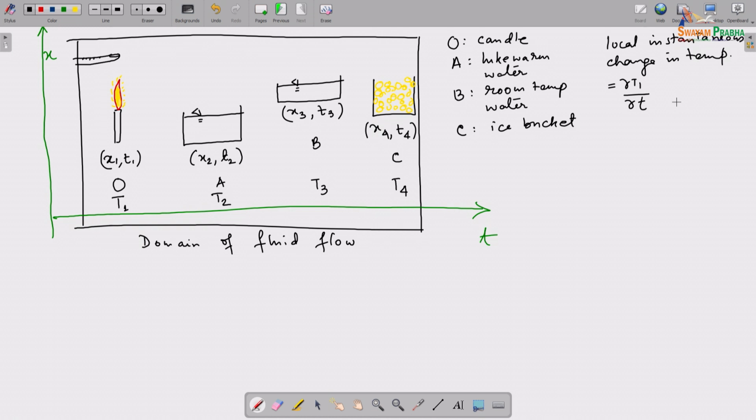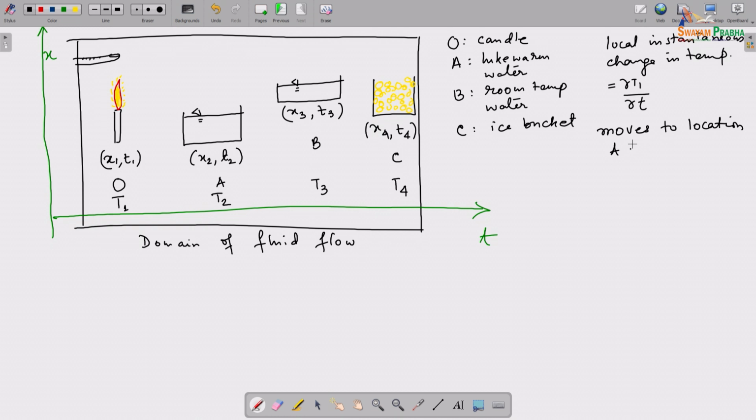Then there should be another change in that temperature. What should be that change? Now my finger moves to the next location, say A, which has lukewarm water, right.